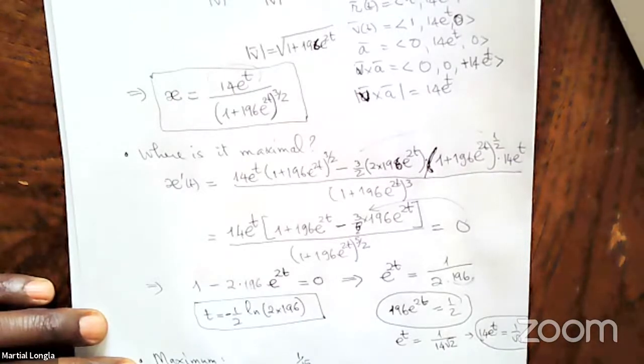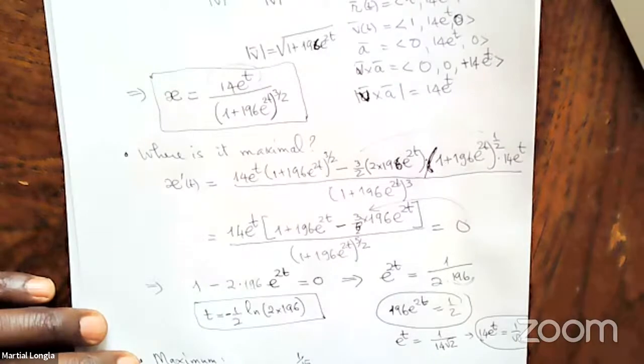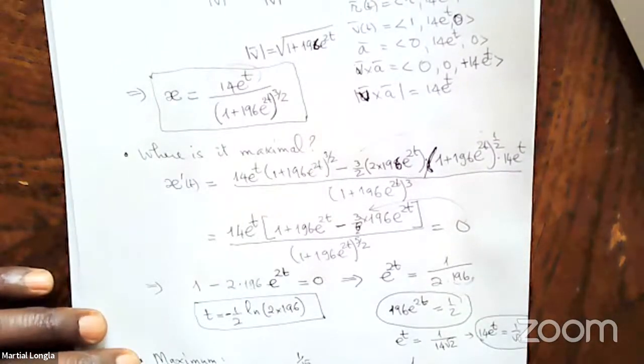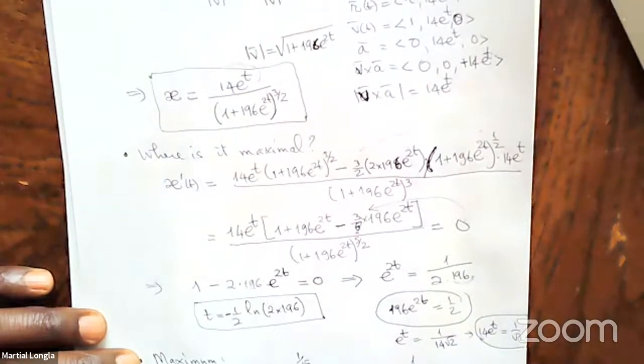So that's 1 over root 2 times 2 plus 1, that's 3 halves, to the power 3 halves.